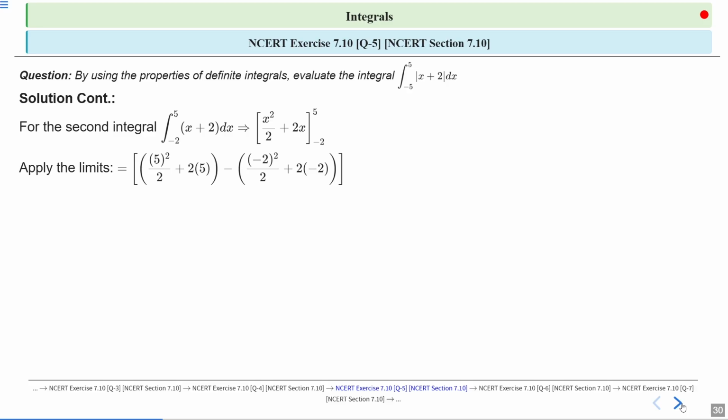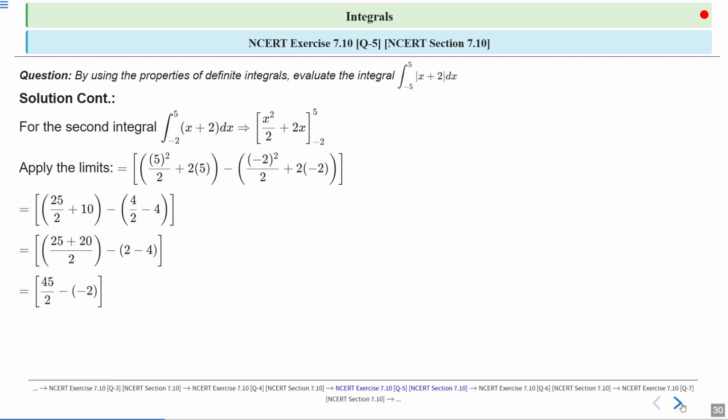So we get 5 squared by 2 plus 2 into 5, minus (-2) whole squared by 2 plus 2 into -2. So when we simplify, we get 49 by 2. Just simple calculation.